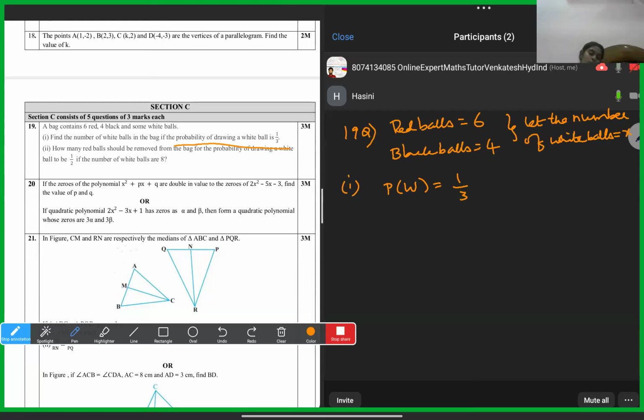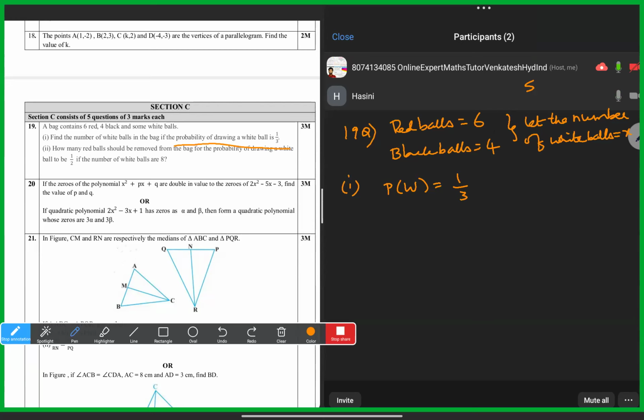Okay. So now, generally, suppose the white balls are already given here. Let us take the white balls as 5, just as an example: red balls 6, black balls 4, white balls 5. What is the probability of getting a white ball? In that bag, the red balls are 6, black balls 4, white balls 5.